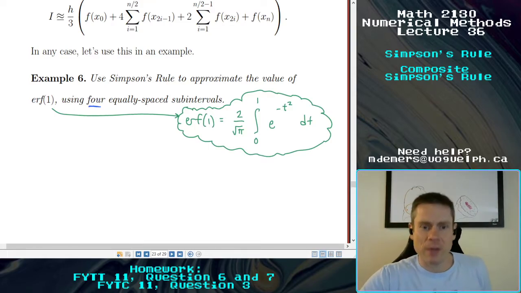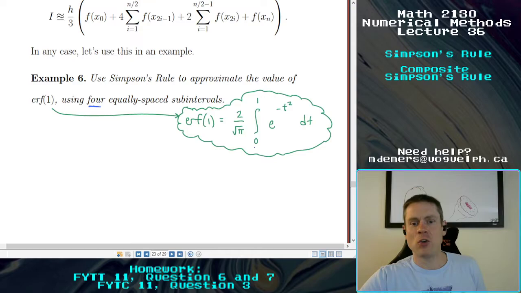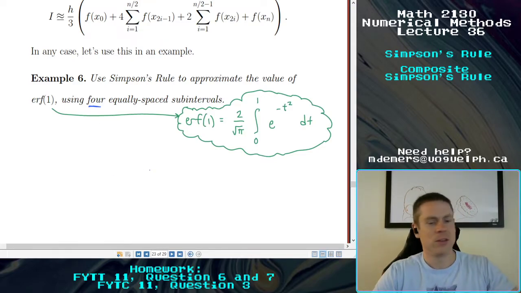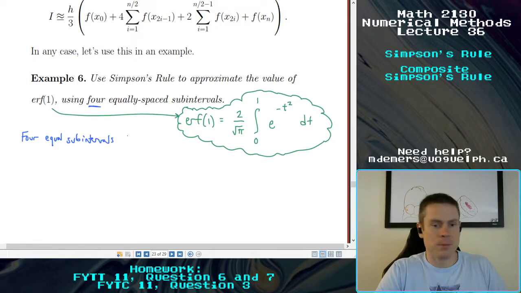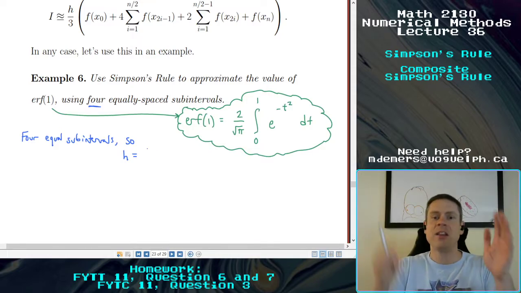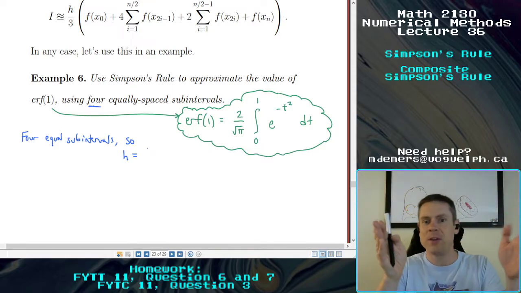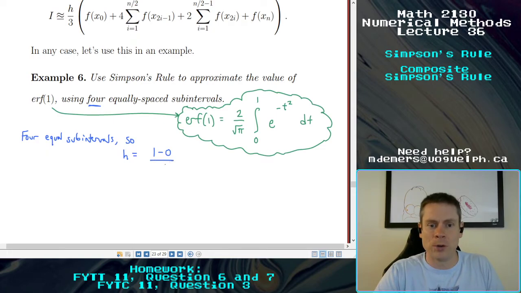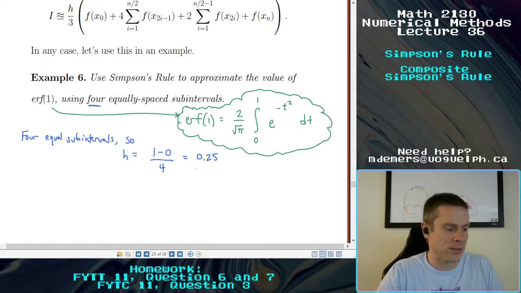With a domain of integration from 0 to 1, we have to take the length of that domain and divide it into 4 pieces. So h is 1 minus 0 over 4, so it's 0.25 or 1/4. That should make some sense to you.